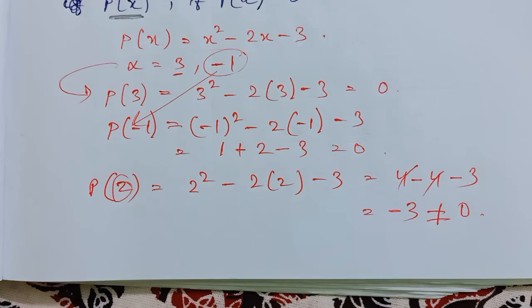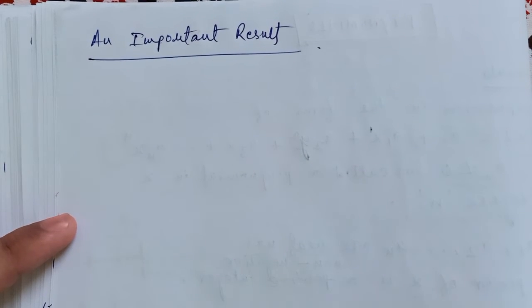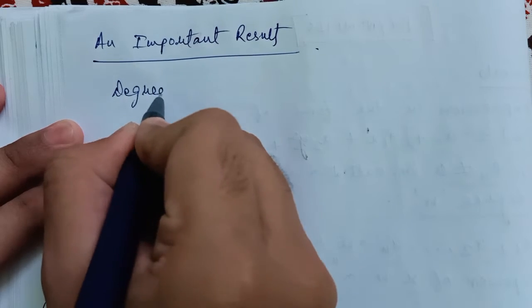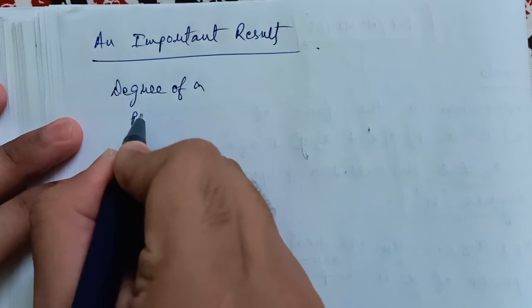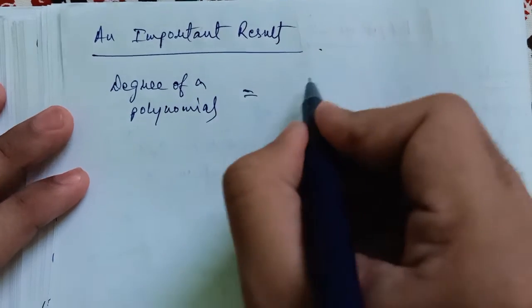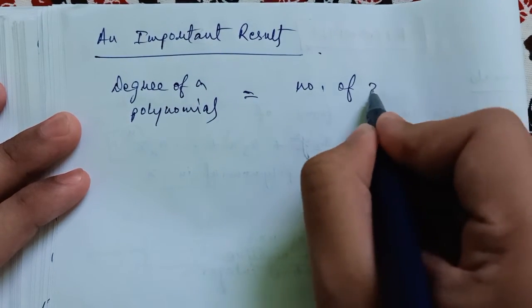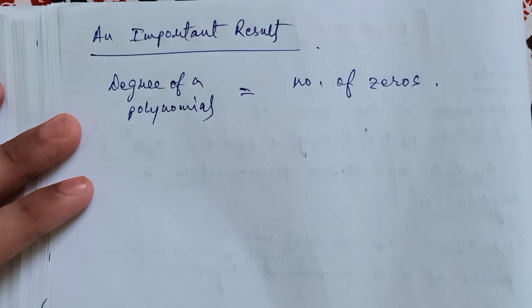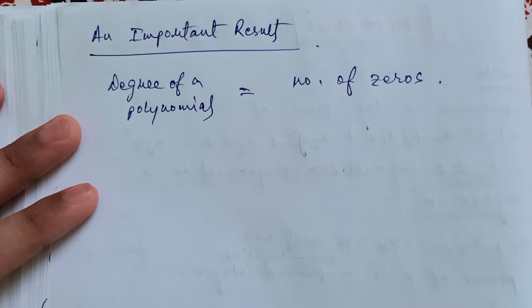Now let us talk about a very important result: the degree of a polynomial is equal to the number of zeros. This is a very important relation that you need to remember.